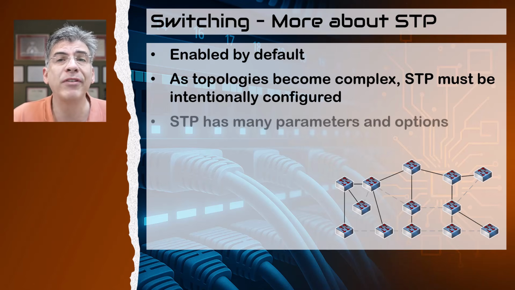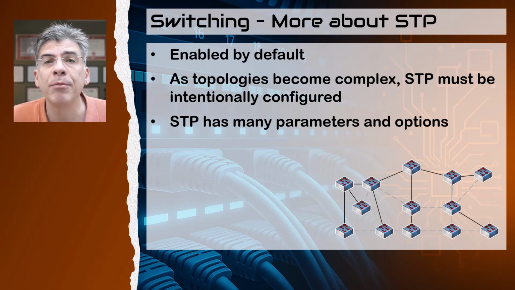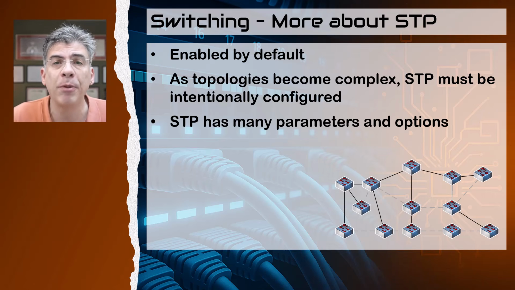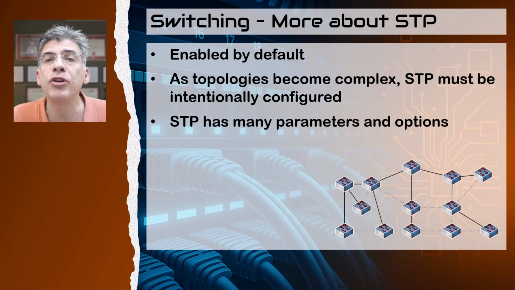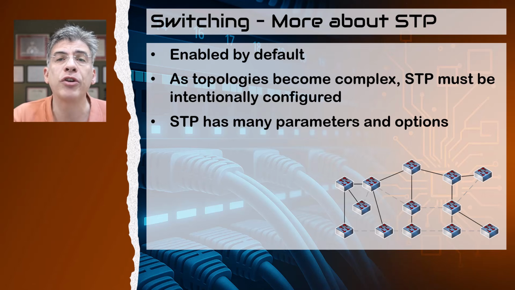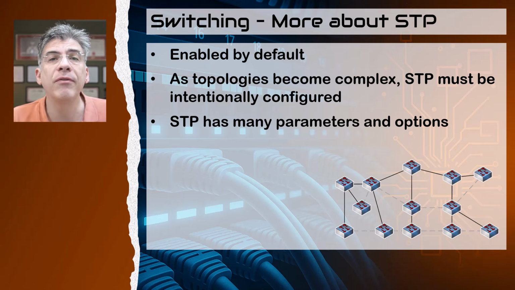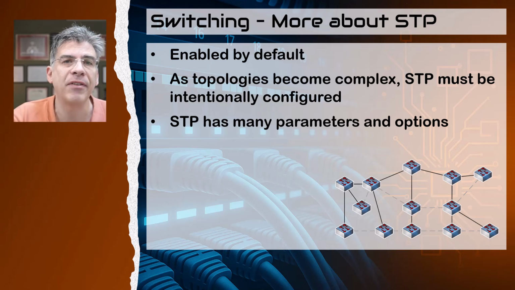STP is not a trivial protocol, but has many permutations and must be configured appropriately, especially for larger topologies. You must appropriately choose which switch will act as the root bridge. And you must also take into account the use of multiple VLANs, and you must also ensure that STP will reconverge very quickly in case of a failure.